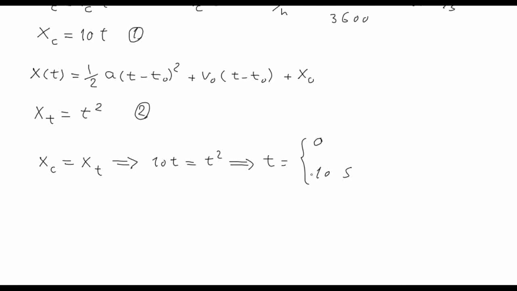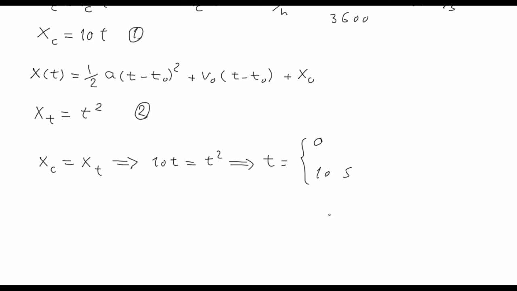Now, if you substitute t equals 10 in one of these two relations, you can find the position of the truck and the car when they meet each other.